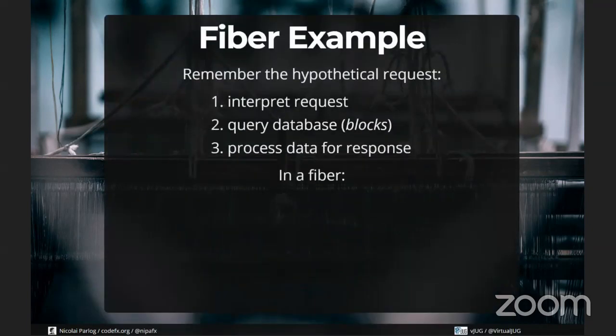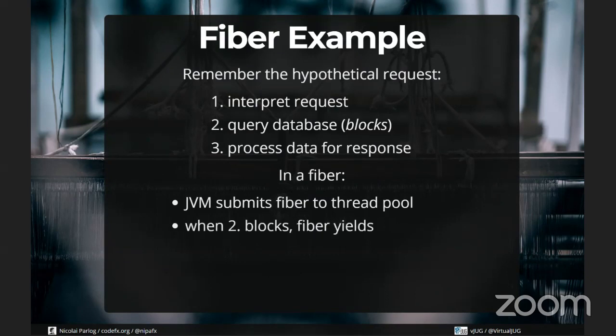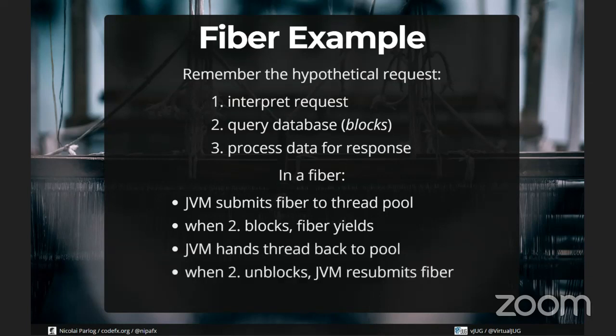So let's have a look at the database request. What happens in a fiber when the request comes in? The JVM submits a fiber to the thread pool that starts doing that. It starts task 1, interprets the request, puts together the database request, sends the database request. When it blocks, the fiber yields. The JVM gives the thread back to the pool. When it unblocks, the JVM resubmits that fiber, and then the fiber continues.